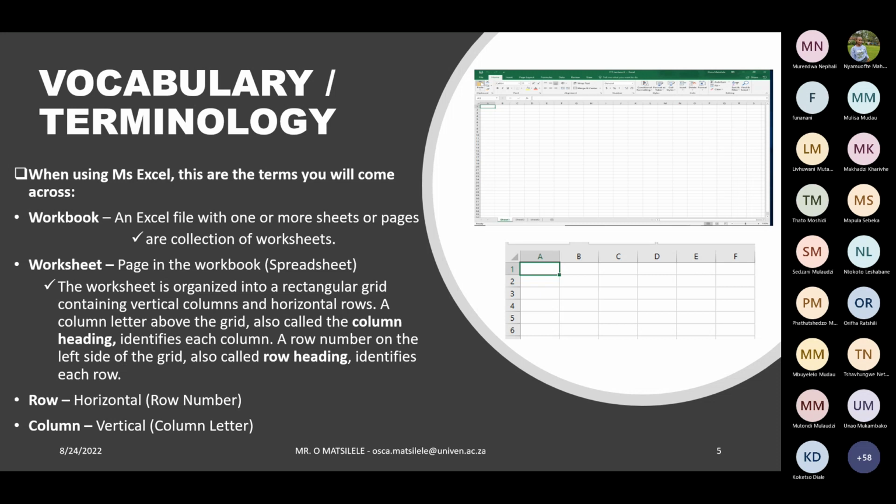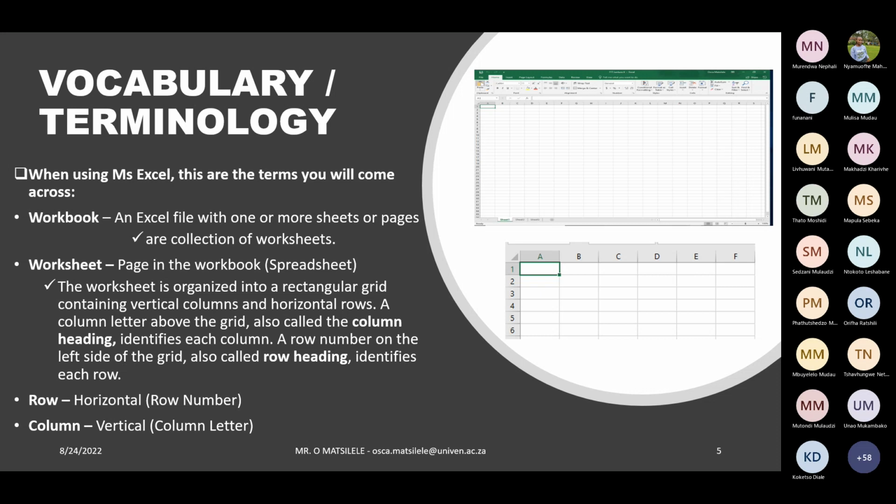And after AZ, it continues on. So this column letter, which is above the grid, we call it a column heading. This is the column heading, and this one is a row heading.